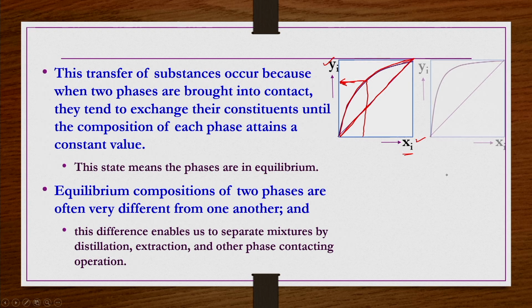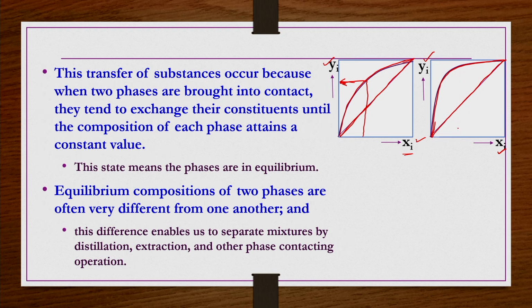Let us say you have an equilibrium curve like this, as in the second picture. We can see the equilibrium curve of the ith component composition in one phase yi, and in another phase xi. The difference between these two values is very large, and we can understand how far it is from the diagonal line.